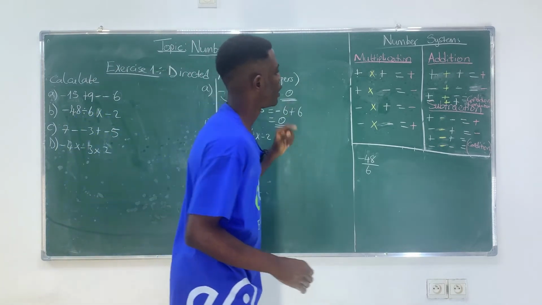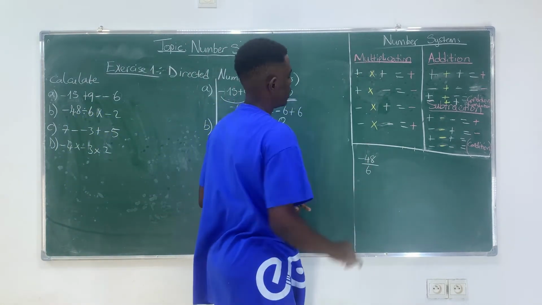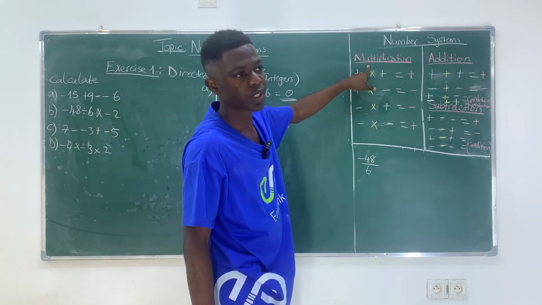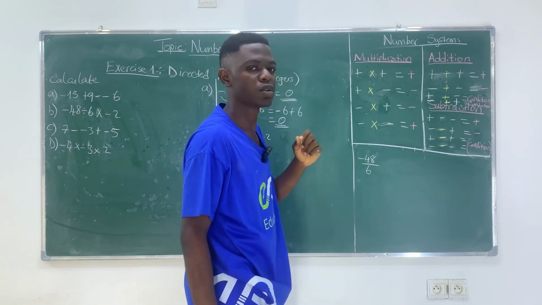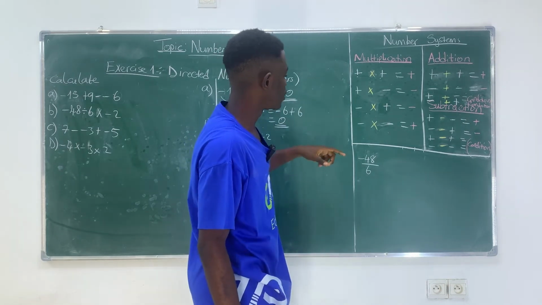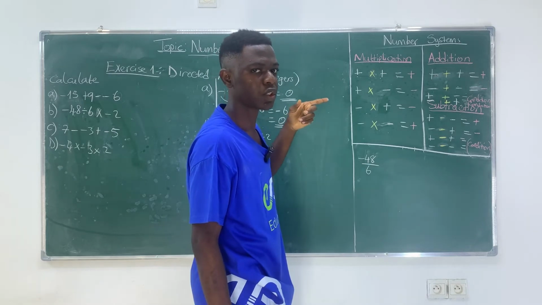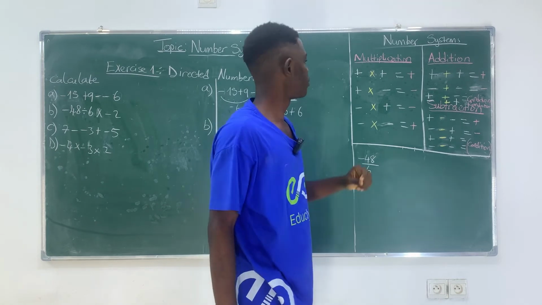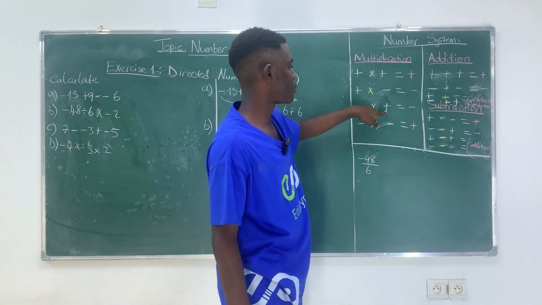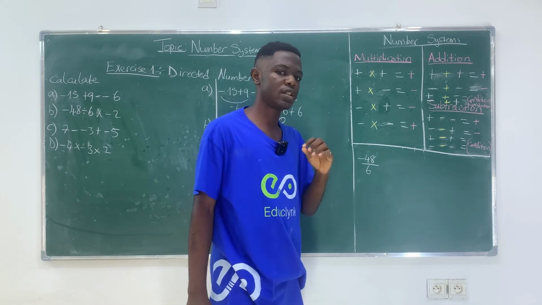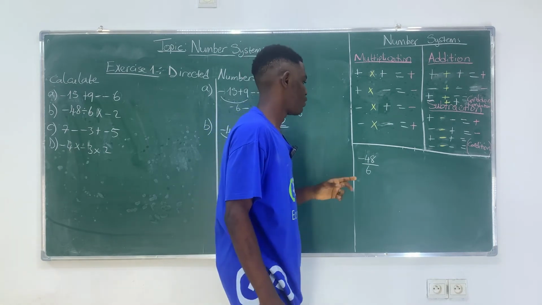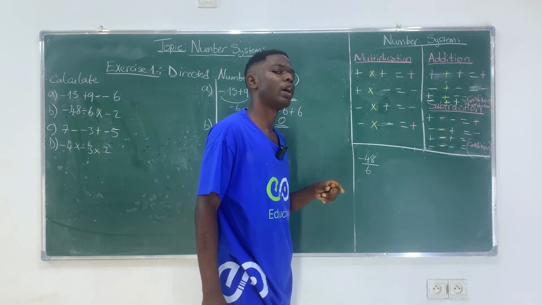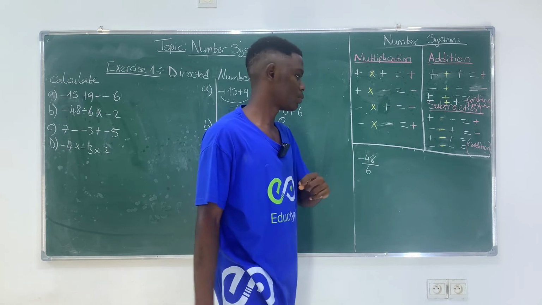From our rules, we have to check if there is minus divided by a plus. Let us check in the multiplication: minus times plus is equal to minus, which means since it is the same for division, a negative number divided by a positive number is going to give a negative number.